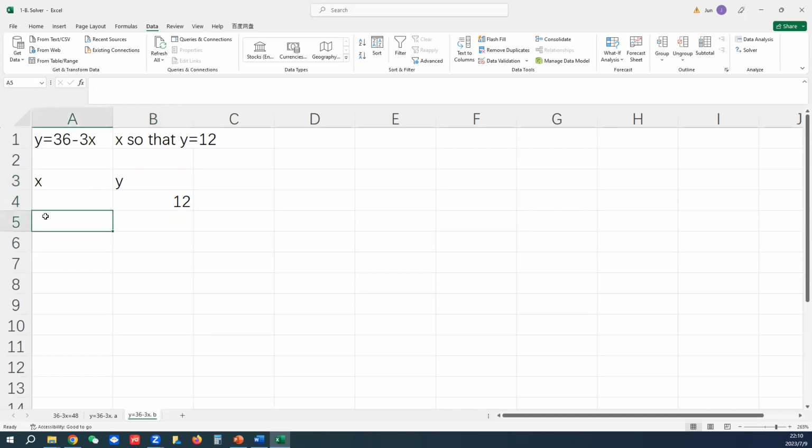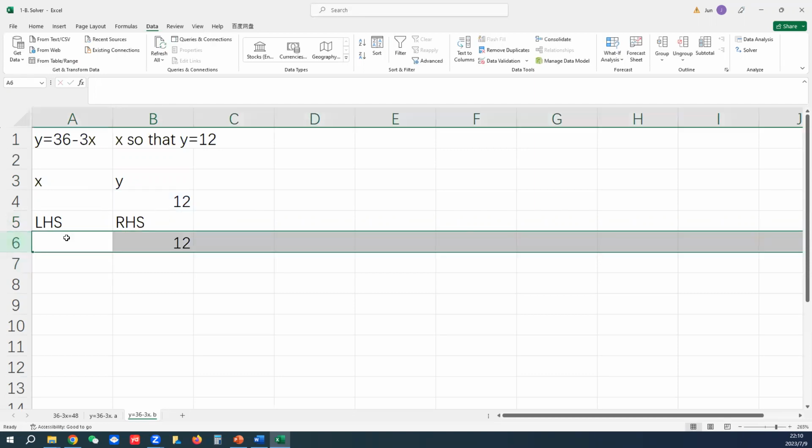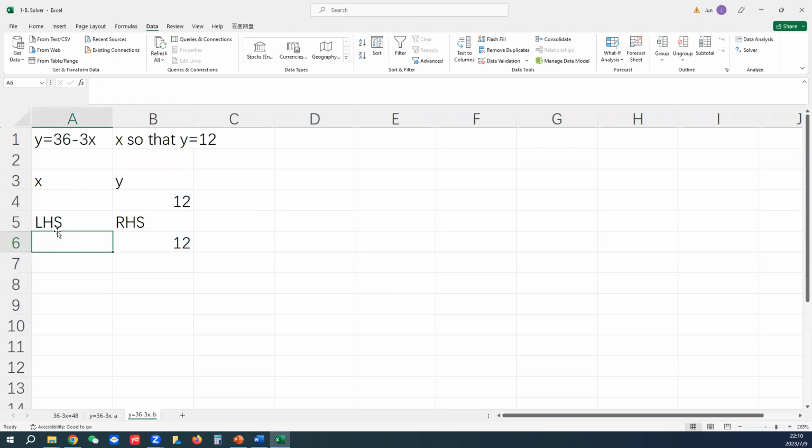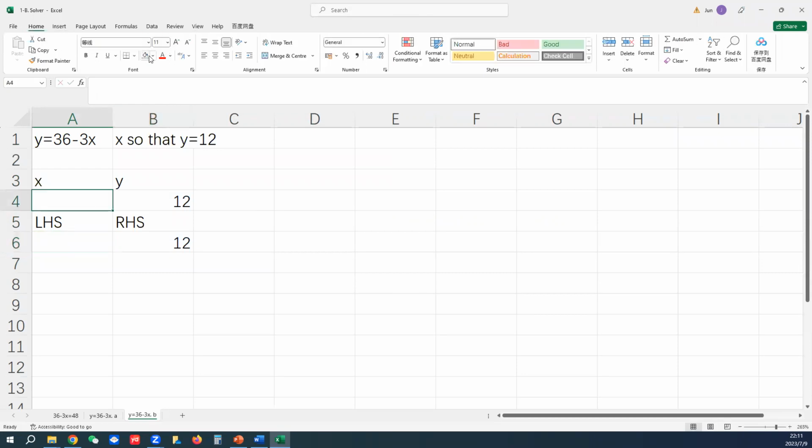Here we can still do the left-hand side and the right-hand side. The right-hand side equals y, which is 12, but the left-hand side is the one that is really changing. Being able to recognize this is very important. The value of y is given to you. Even though it's a dependent variable, it's already telling you the value is fixed at 12 for y. So the only one that is allowed to vary is x.